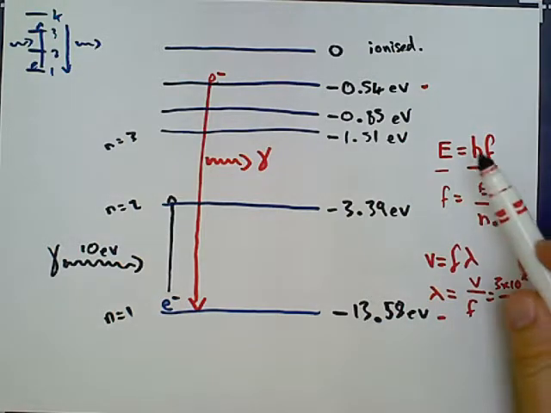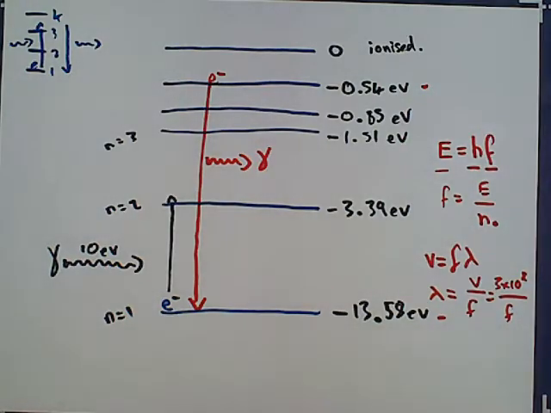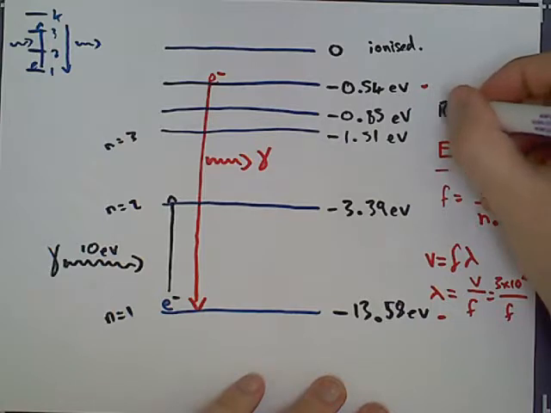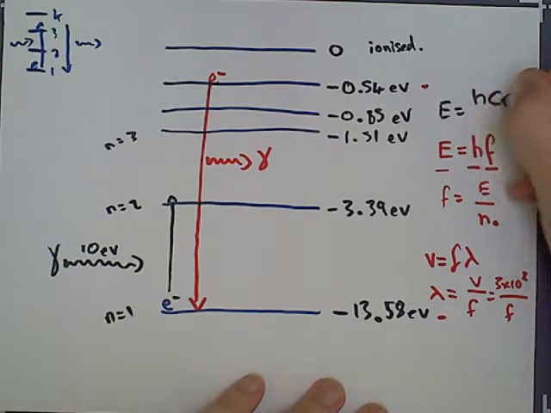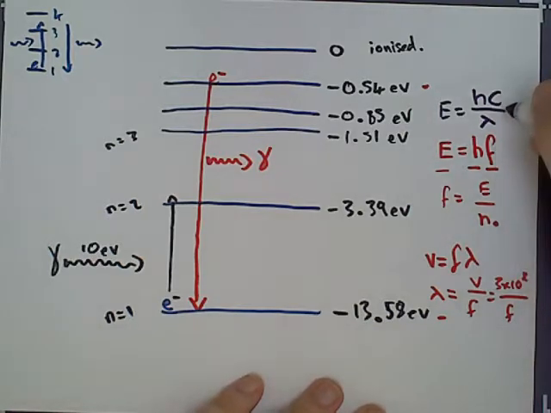We can actually change this equation to make another version of it in the first place. We can change it to be E is equal to hc over lambda. And that's just the speed of light from down here.